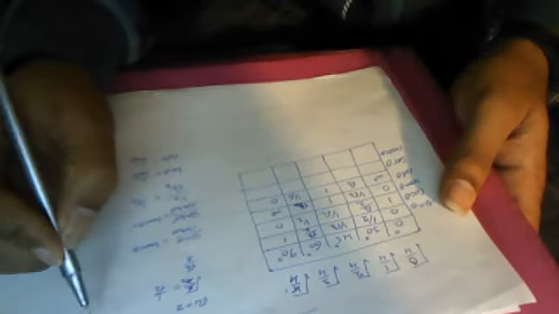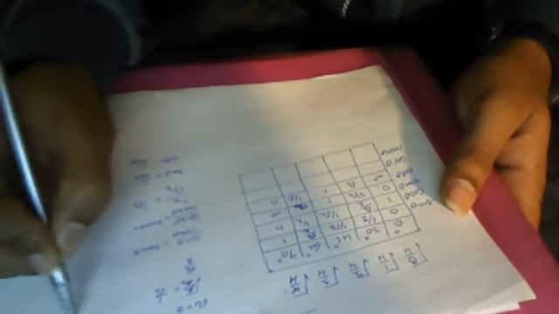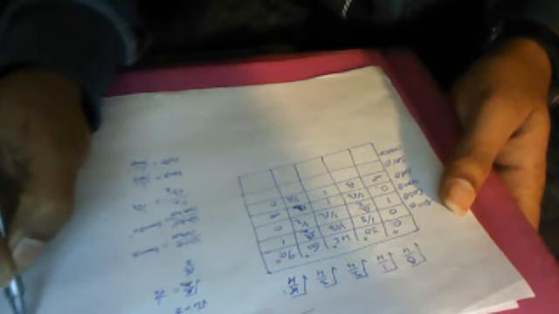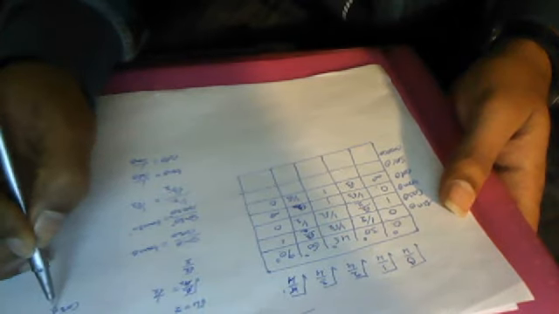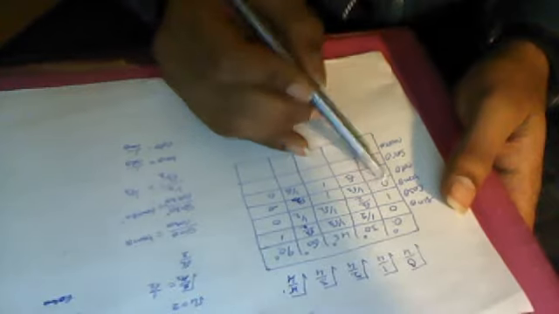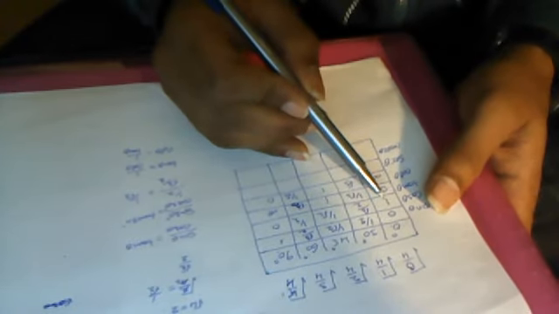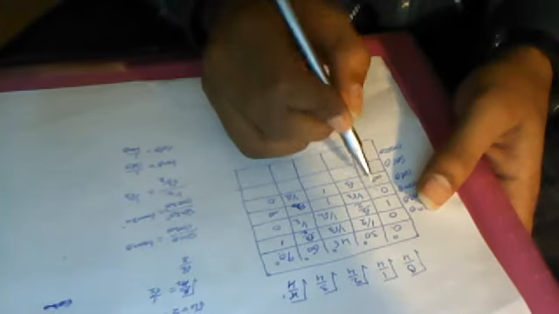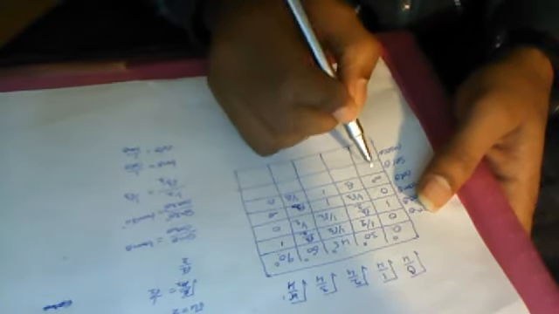Now secant theta. We know from the trigonometric identity that secant theta is equal to 1 over cos theta. So here you can see the cos theta values. There is 1, and 1 over 1 will give you 1.